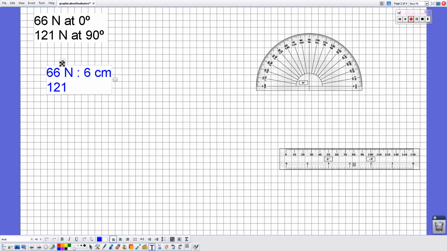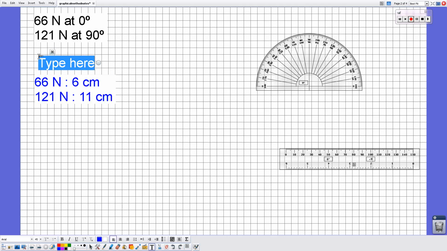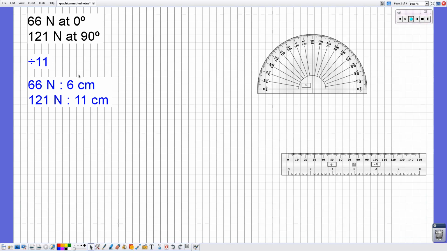So 121 newtons will go to 11 centimeters. Cool. What did I do there? Oh, that's right, I divided by 11. So I'm just going to make a little note. I divided by 11. The angles stay the same.